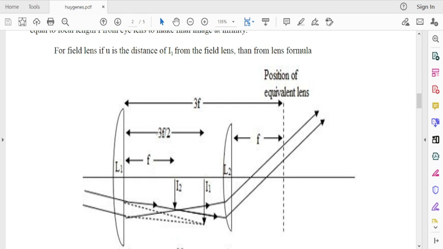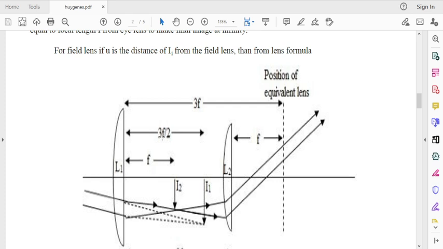We have the formula 1/u plus 1/v equals 1/f. Here 1/u is minus 2/3f, plus 1/v equals 1/3f, and v equals f.